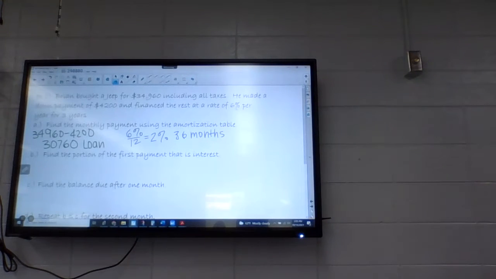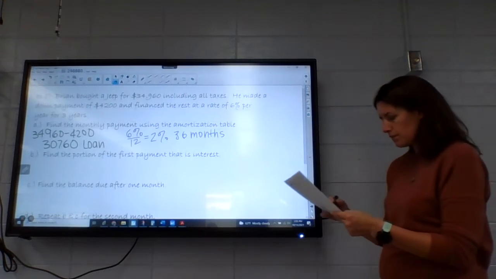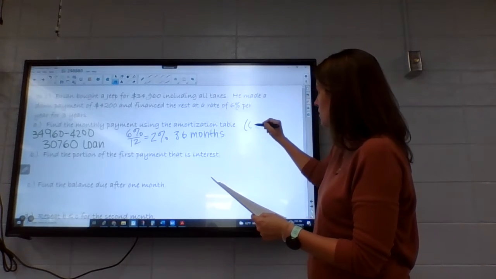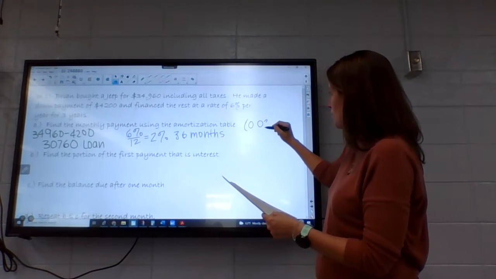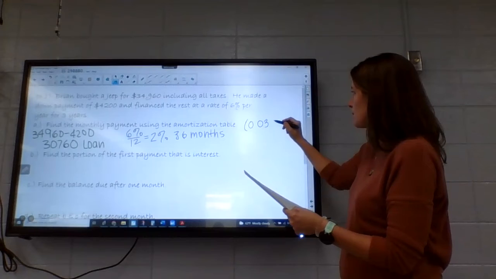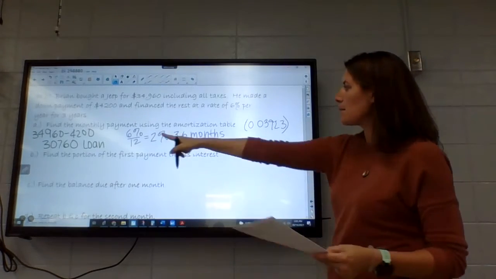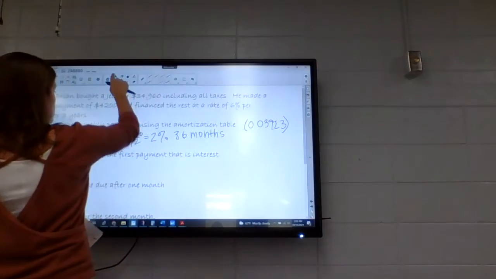So we went to our table that was still from yesterday. 2% for 36 months is exactly what we did yesterday. And that gets multiplied by the amount of our loan. Sorry, I should move this over.